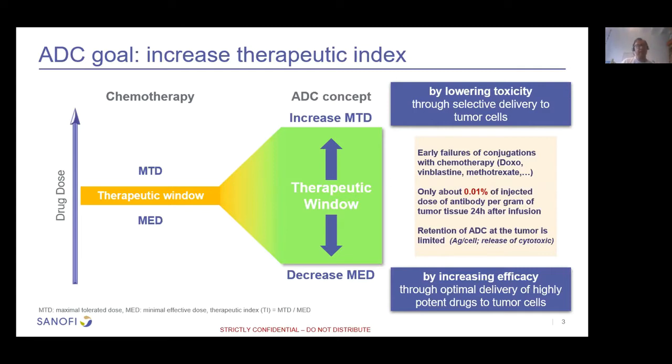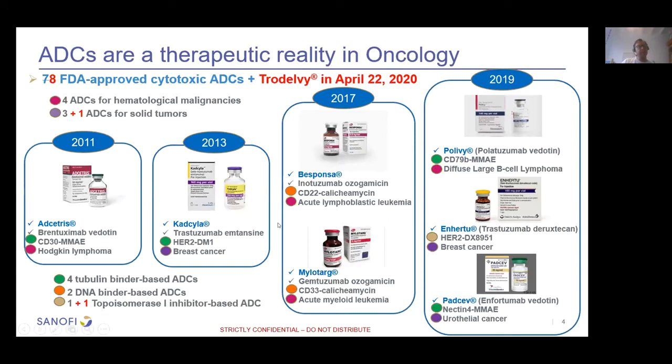In the last decade, the ADC modality has really become a therapeutic success in oncology, with the approval not of 7 but of 8, since there is a last approval that came up in April. These are Adcetris in 2011, Kadcyla in 2013, Besponsa and Mylotarg in 2017, and 2019 has been a great year with approval of Polivy, Enhertu, and Padcev.